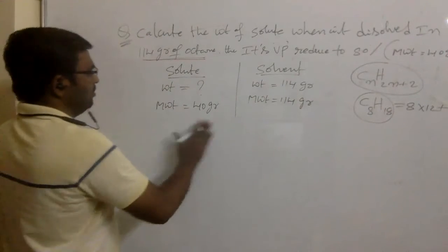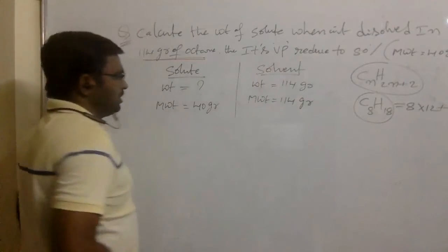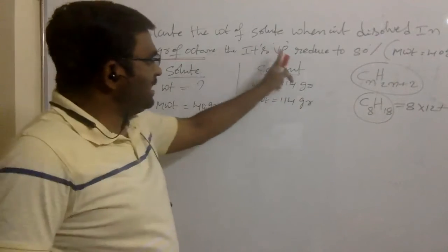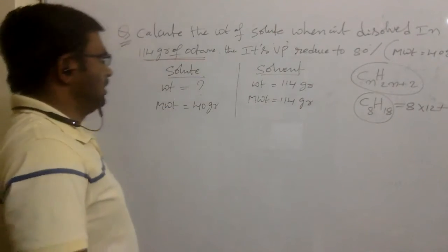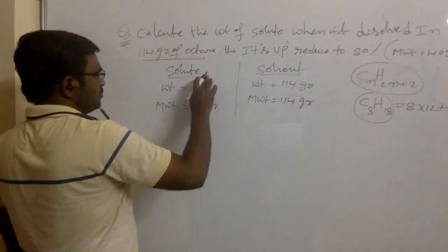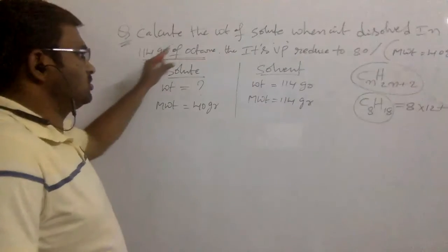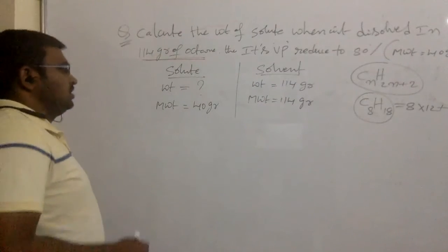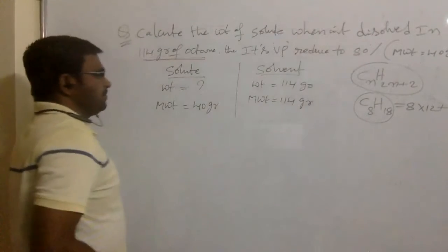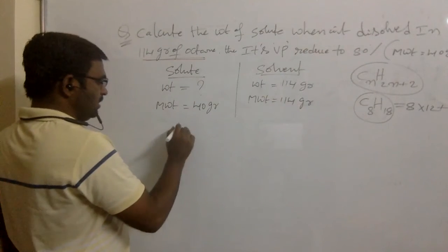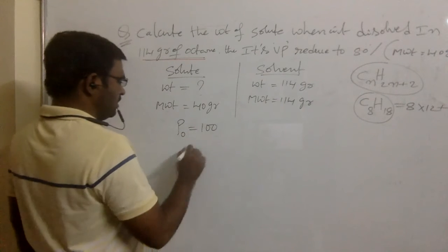Okay. Now, after adding the solute, the vapor pressure of the solution gradually decreases, because the solute is a non-volatile compound. Due to non-volatile compounds, vapor pressure always decreases. So after adding, it reduces to 80%, which means initially the vapor pressure of solvent is 100.